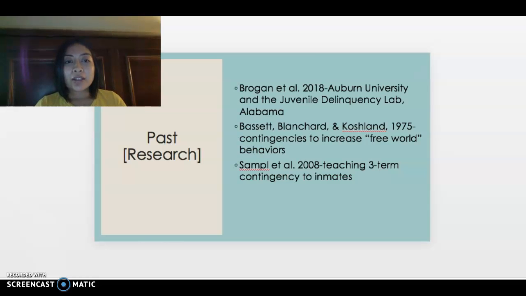And at the end of the study, the inmates were able to share their experiences with having an understanding of the three-term contingencies, and they found that they were able to regulate their emotions during stressful events in their environment that happen regularly in incarceration.